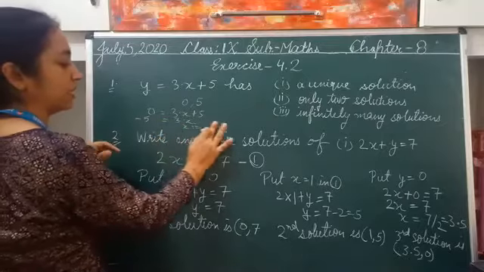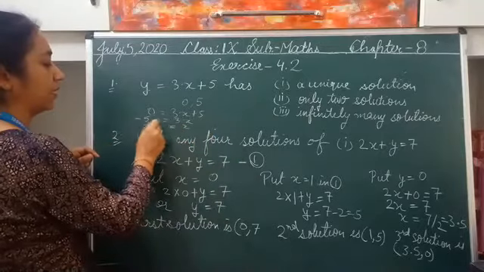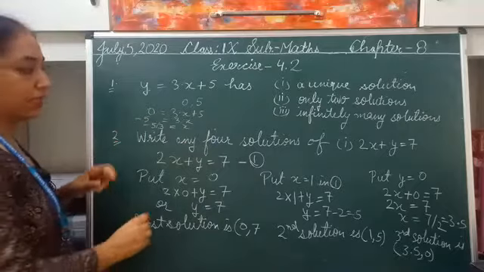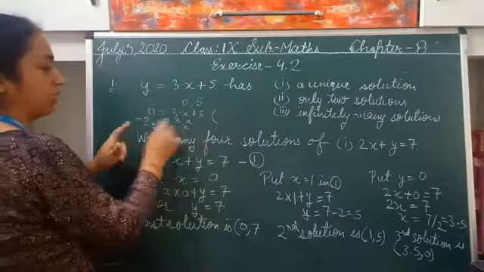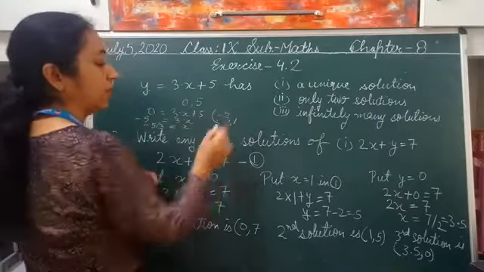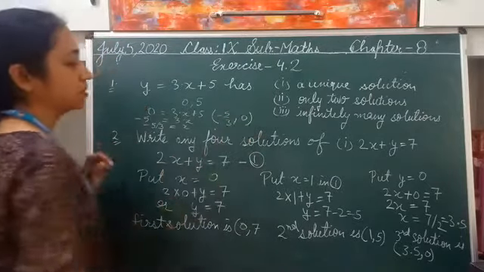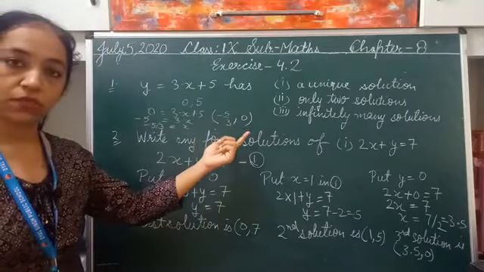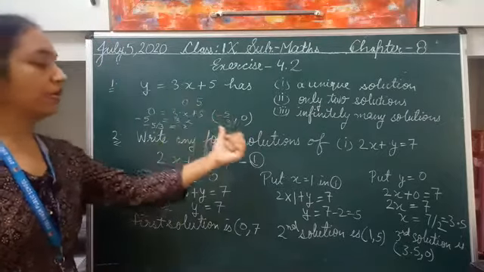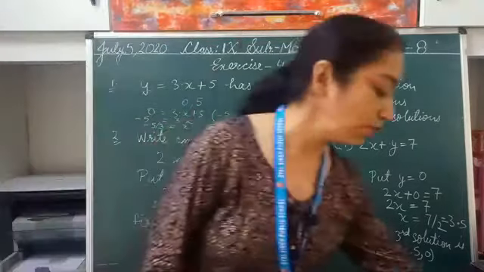The 3 has come down. Whether you write it here or here, it does not make any difference. So another solution will be x value minus 5 by 3, meaning our abscissa is minus 5 by 3, and the ordinate we assumed to be 0. So this is also a solution. So we can get an infinite number of solutions of this equation.